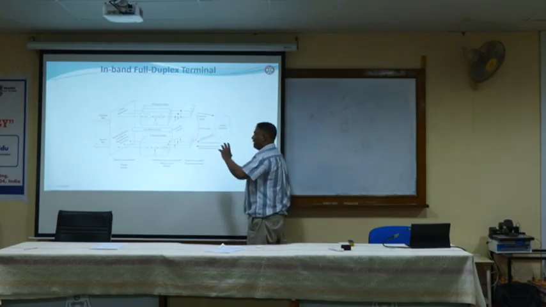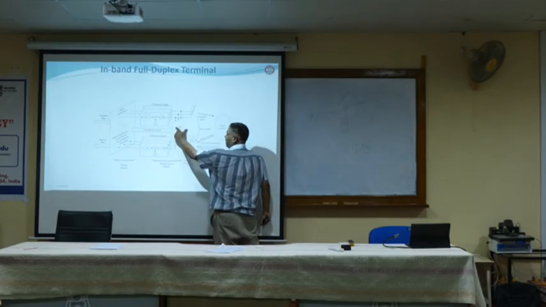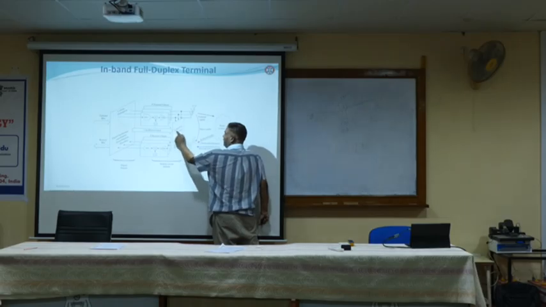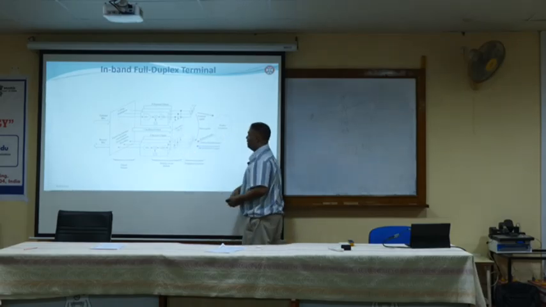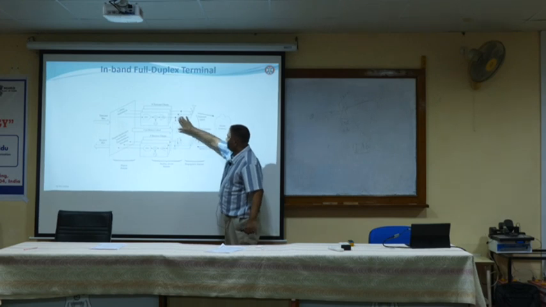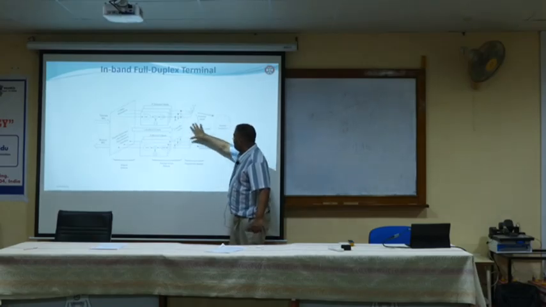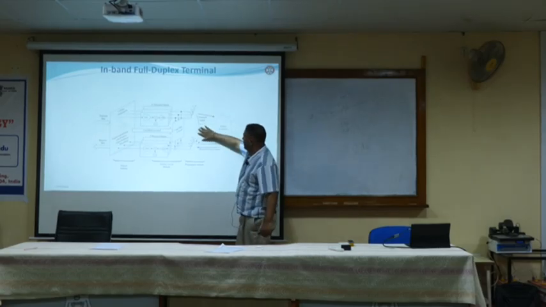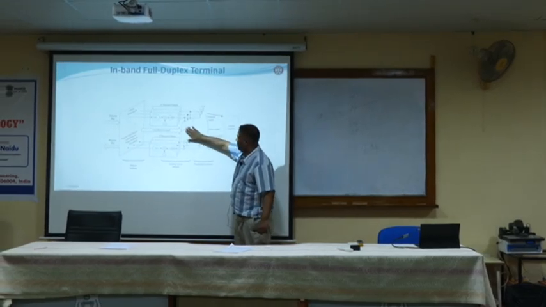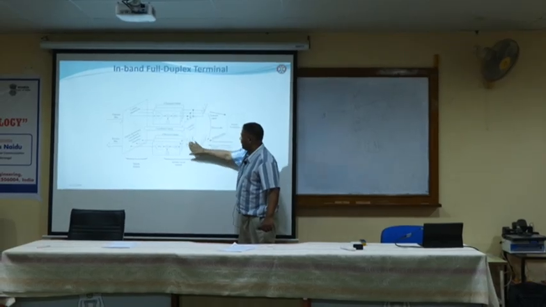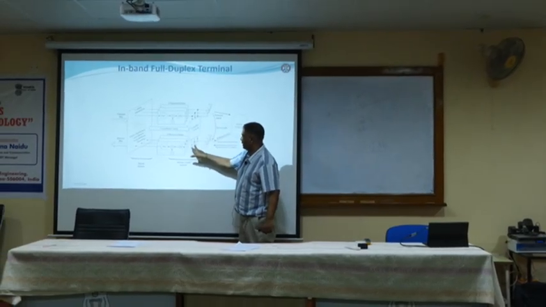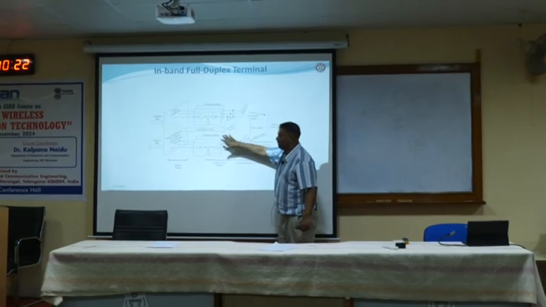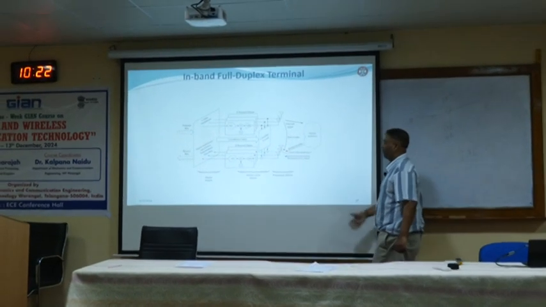Then there is another, analog cancellation. There's an analog cancellation circuit here. What this circuit is doing is taking the signal from before the transmit antenna, mimicking the self-interference channel, and subtracting it before analog-to-digital conversion. Before analog-to-digital conversion, we need to cancel as much self-interference as possible.